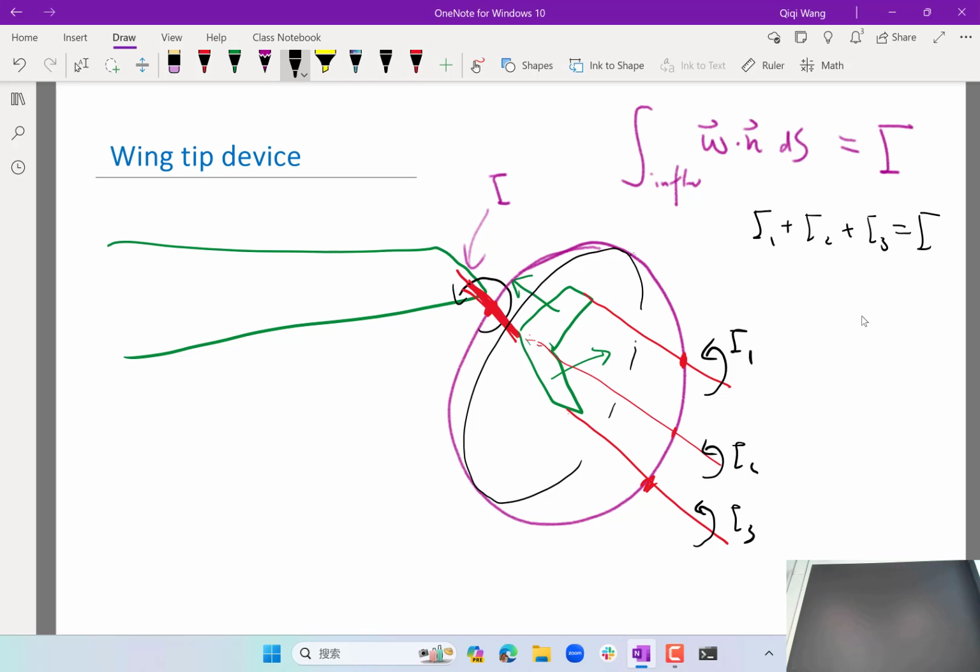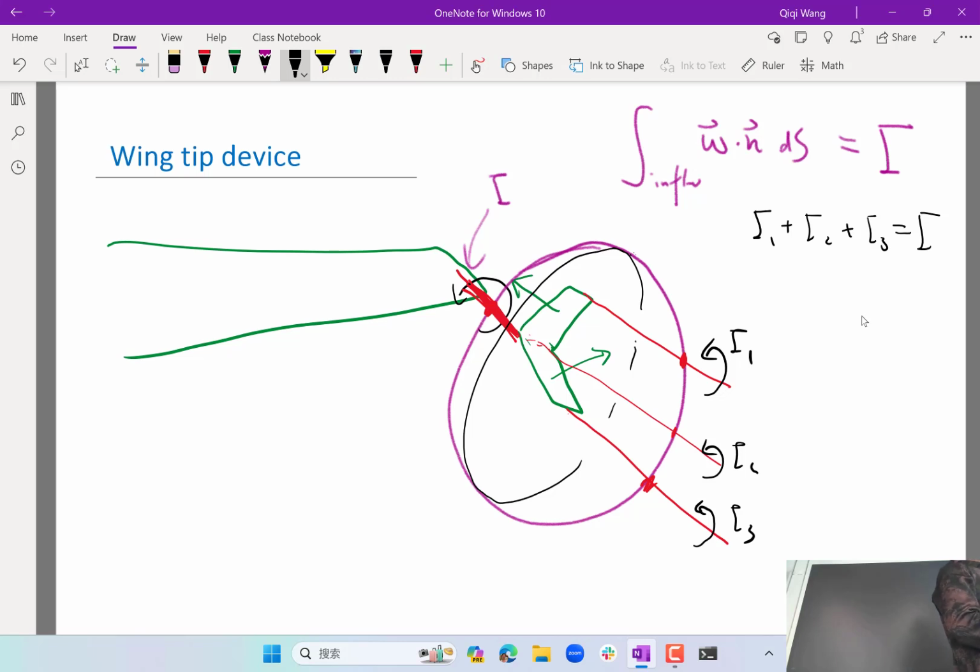And no matter if this surface fills this contour from upstream of the winglet or from downstream of the winglet, Stokes' theorem tells us the integral has to be the same, which is equal to the circulation on this black contour. That means the influx of vorticity has to equal the outflux of vorticity, or gamma has to equal the summation of the circulation of these three vortices.